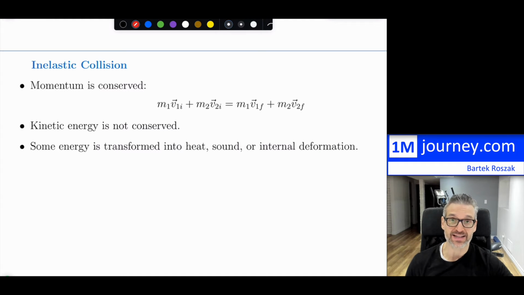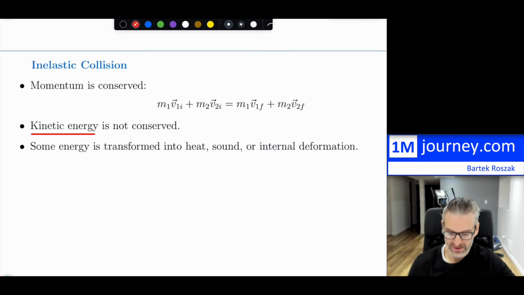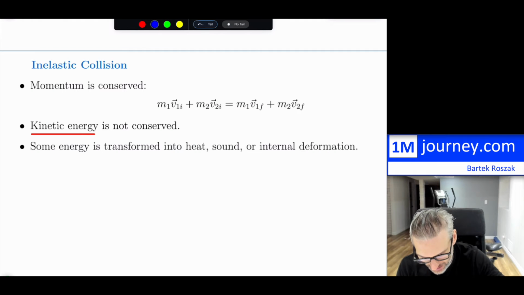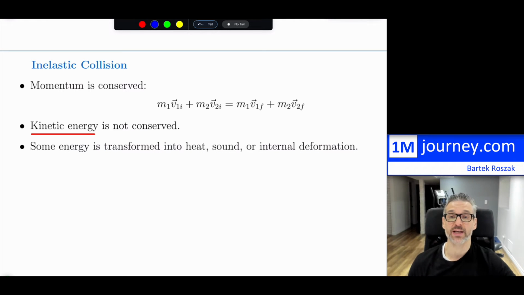However, in inelastic collisions, that total amount of energy doesn't necessarily stay as kinetic energy. For instance, it can transform, as it is pointing out right here, into heat, into sound, and even into deformations of the objects themselves. Hence the word inelastic.